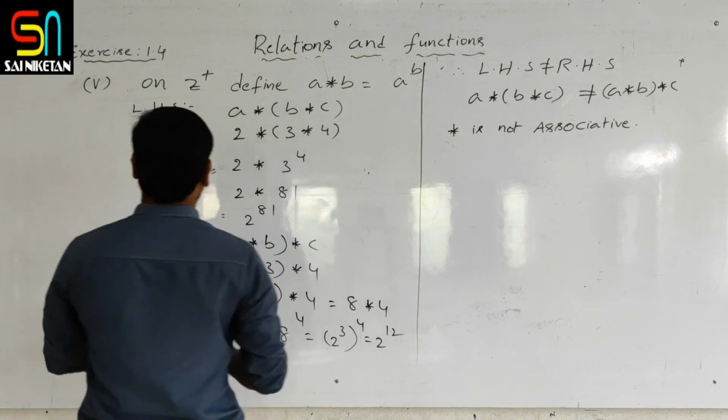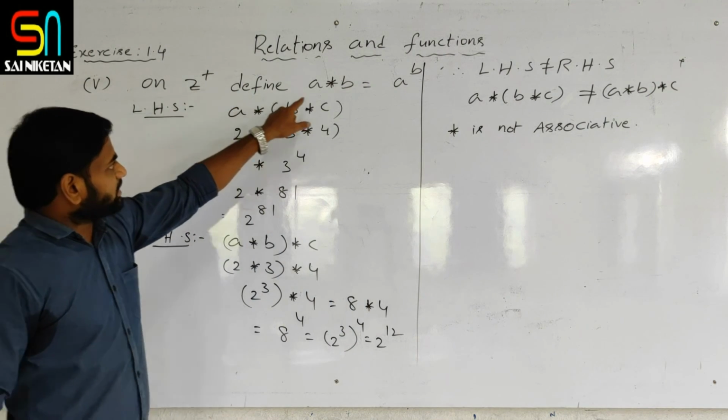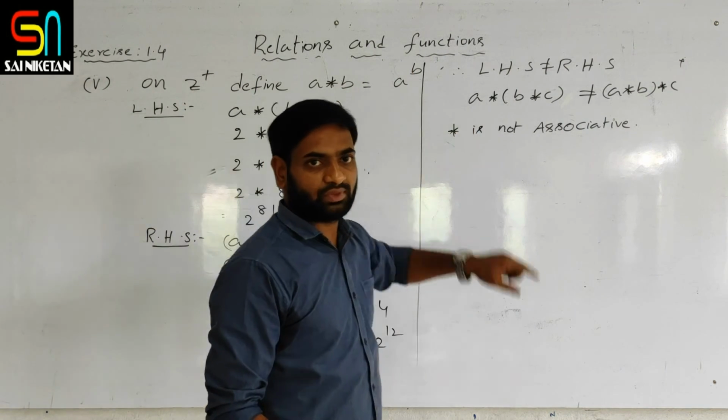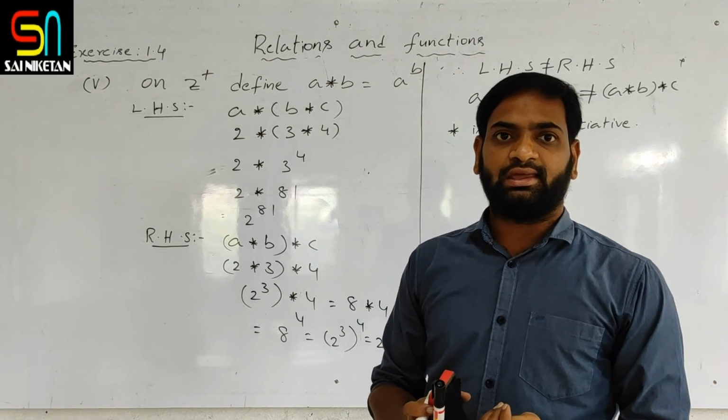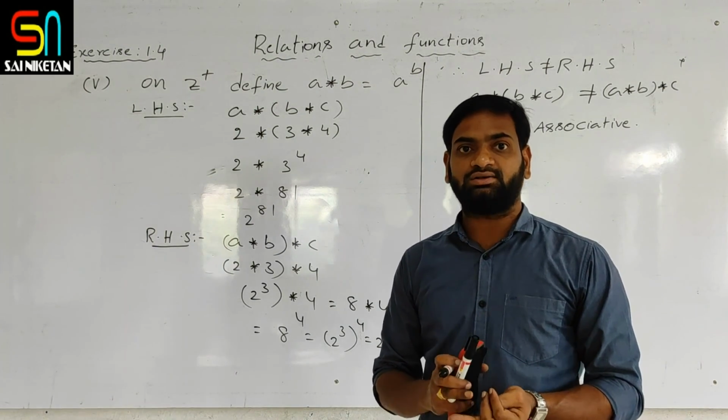So the given operation on Z plus, A star B equal to A power B, is a binary operation, and it is not commutative and not associative.